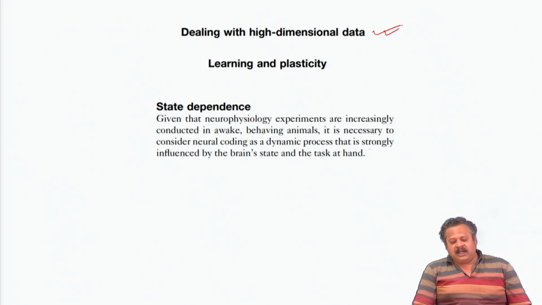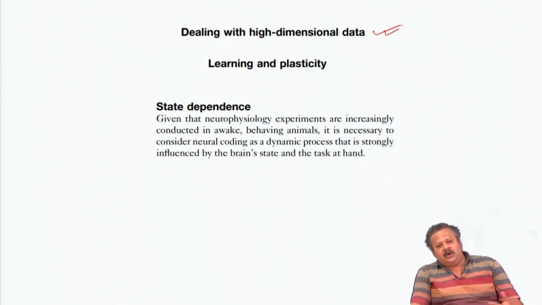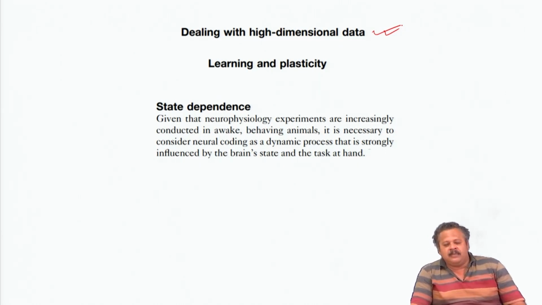And this can become an important area of study, because it matters when we talk of brain computer interfaces. If the coding is dynamic based on a state which we are unaware of, then for a brain computer interface to perform correctly and perfectly, we need to incorporate such state dependence into those models and decoding algorithms.